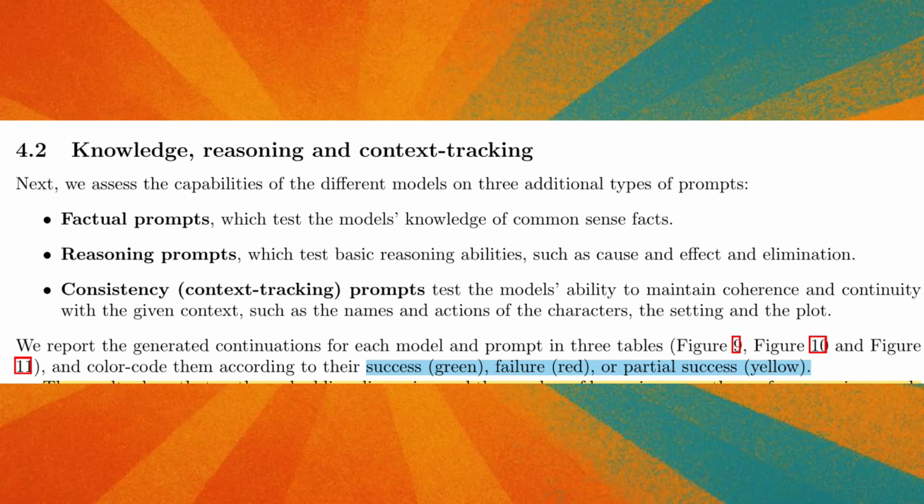And they assessed these factual prompts and reasoning prompts differently from the rest of the scores. And the way they did that was they did it more qualitatively, where they had success, failure, or partial success.